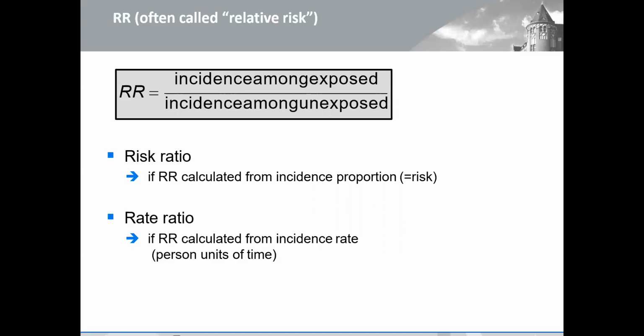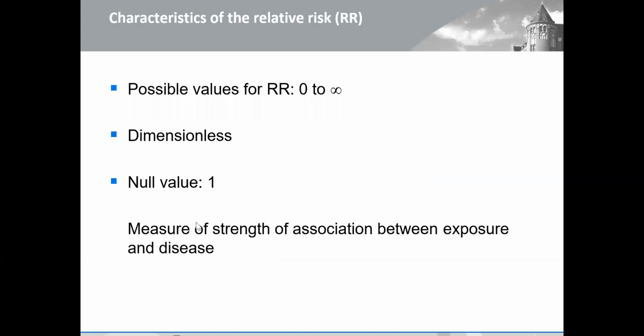And this is a cohort study, where you follow up people, and there's the element of time. Because of that, people use a neutral term, relative risk, which more or less means the same as these two terms.